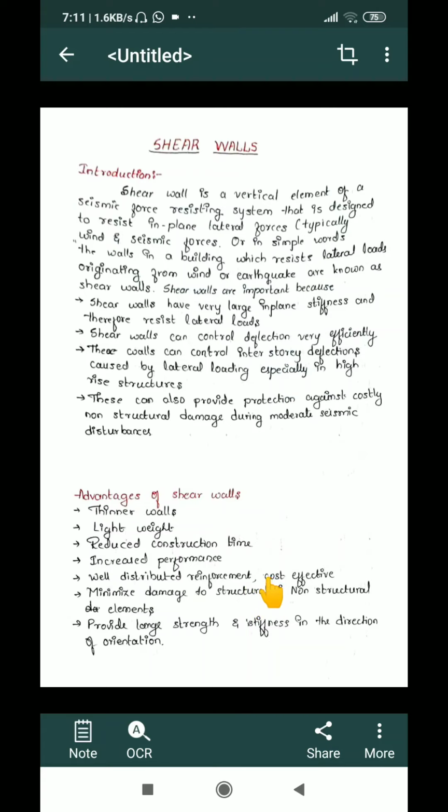Shear walls are not as cost effective as a normal masonry wall, but when you compare the capacity of a structure with its cost, these are comparatively better. These minimize the damage to structural and non-structural elements and provide large strength and stiffness in the direction of orientation.